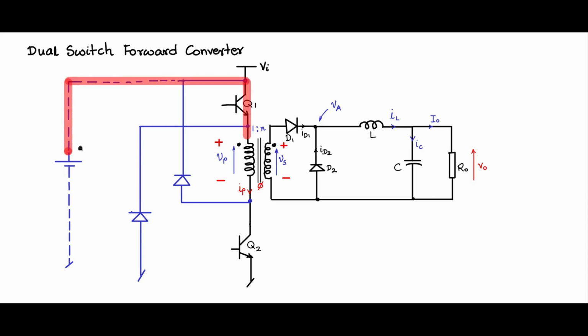It starts from here, goes in this direction, comes like that through the ground and back again to the power supply. So this is the path of the current flow during the period DTS, where the voltage across the primary is plus minus, dot end positive, Vs dot end positive, and buck operation follows.